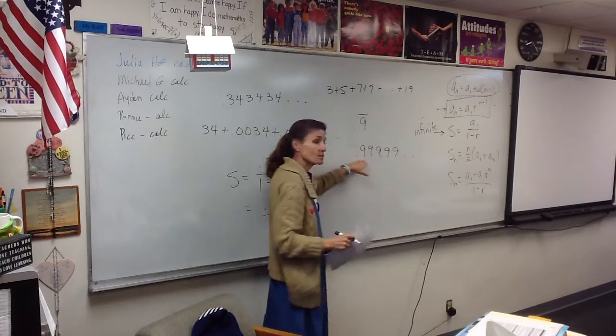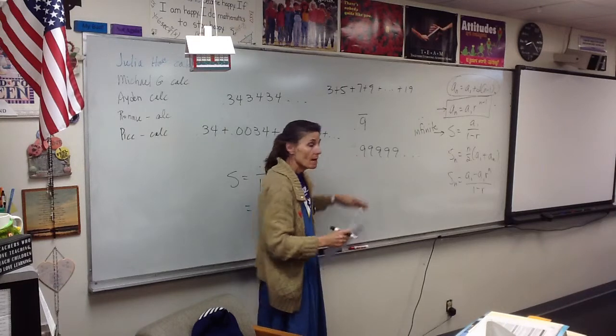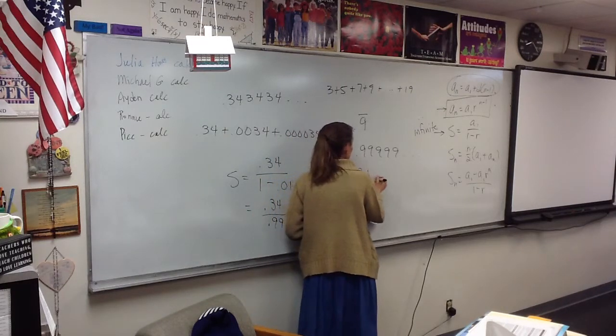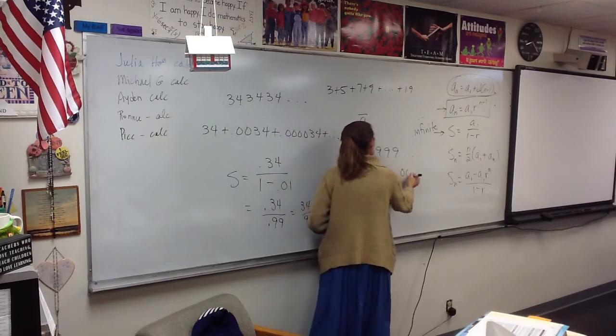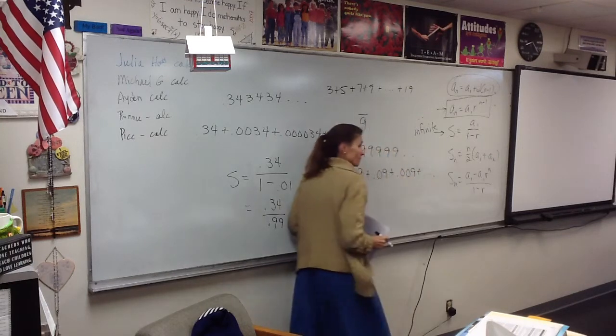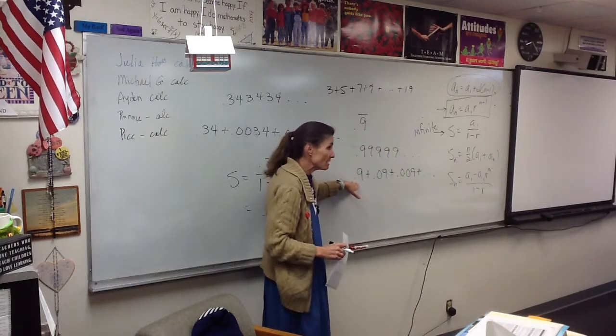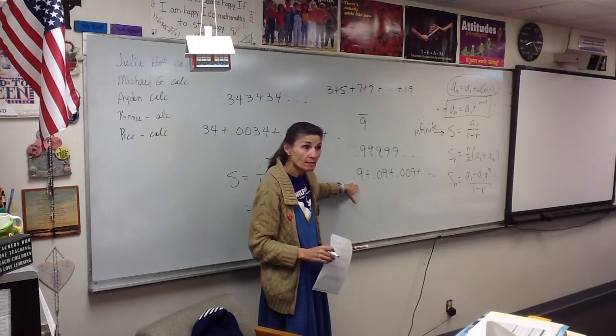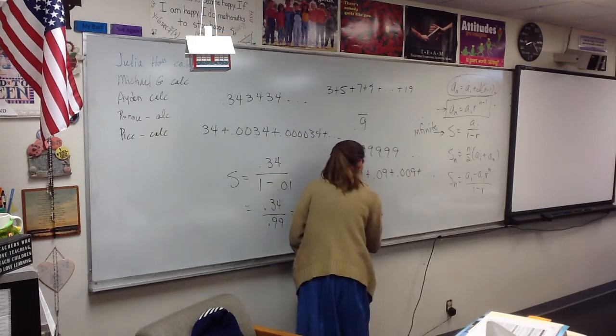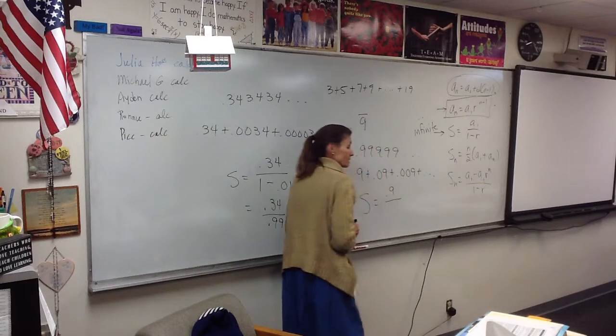We're almost there. That's a repeating decimal. That is the decimal 0.9 plus 0.09 plus 0.009 plus and so on. That is an infinite geometric series. The first term is 0.9.